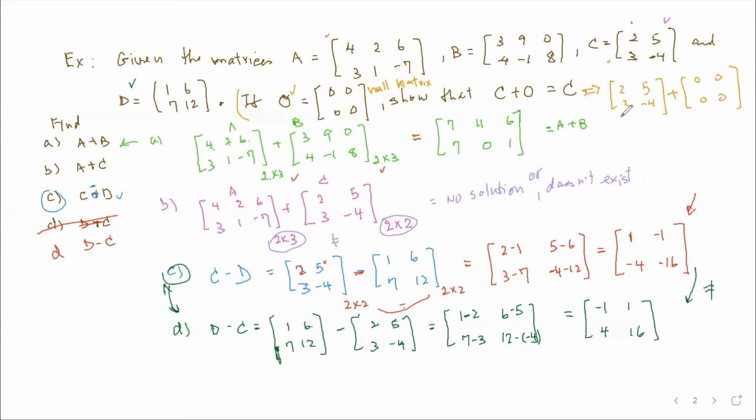And then you sum it up. 2 plus 0 is 2. 5 plus 0 is 5. You do it in the same location. 3 plus 0 is 3 here. And negative 4 plus 0 is negative 4. So it comes out exactly the same as matrix C here, correct?